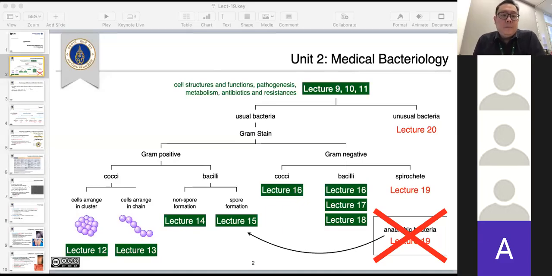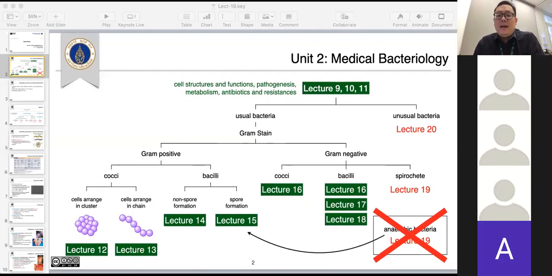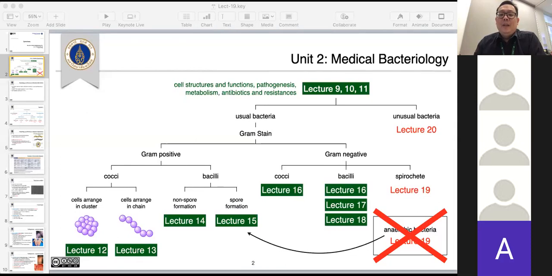Okay, lecture 19. This lecture we plan to talk about spirochetes, the last group of gram-negative bacteria, and some remaining anaerobic bacteria. I think I will move the anaerobic bacteria out, because you have learned some main anaerobic bacteria, such as gram-positive spore-forming Clostridium.